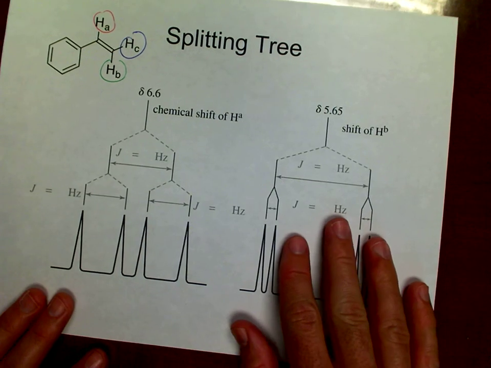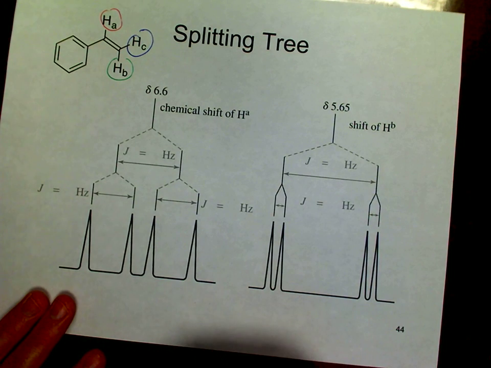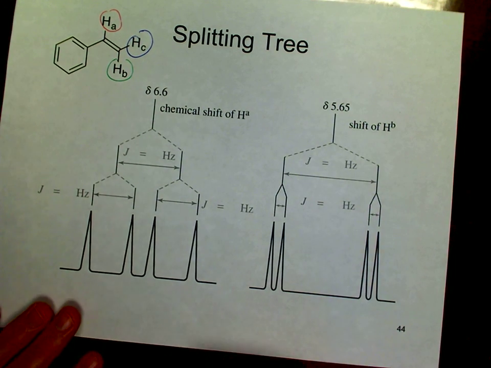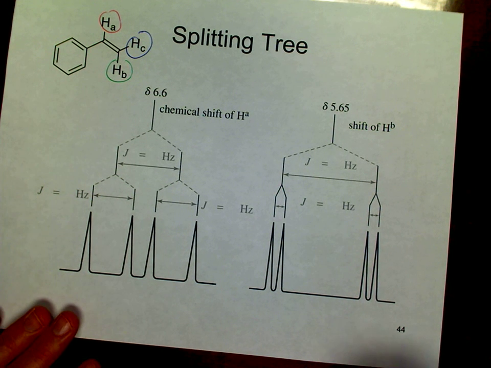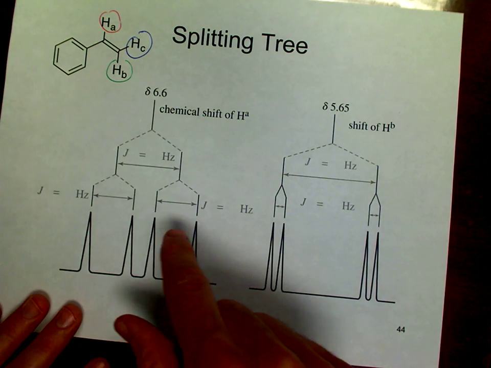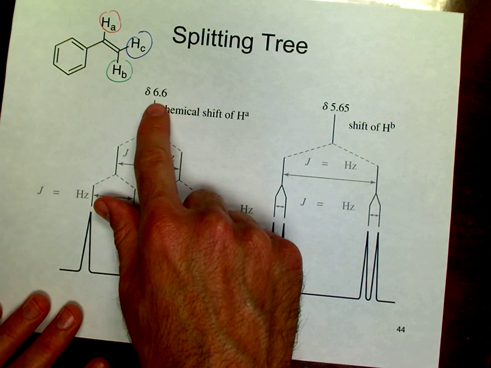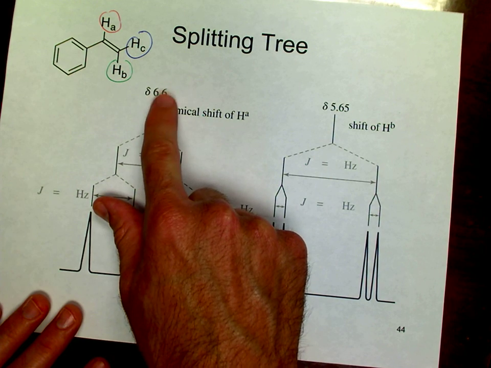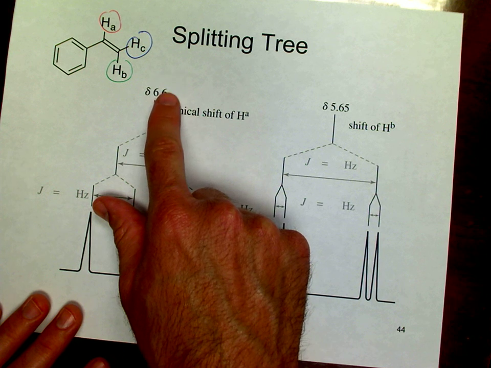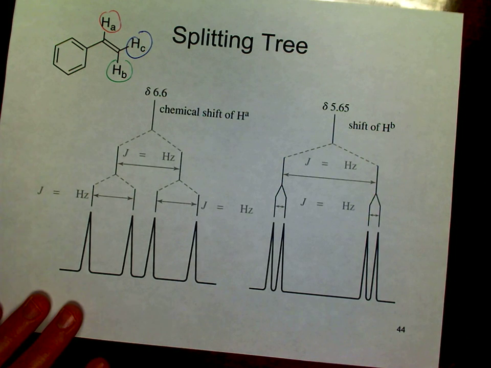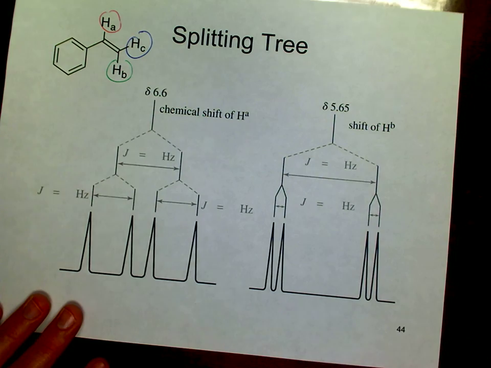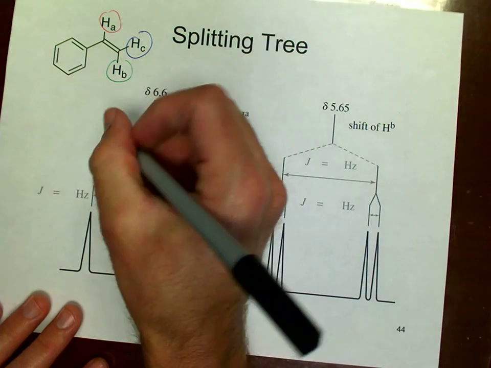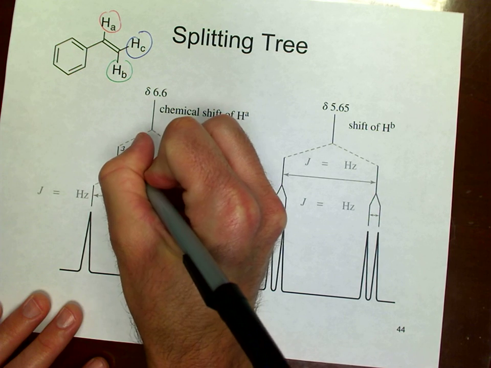So what we have here is at 6.6 ppm, this is the coupling to JA, or I'll just go ahead and write it down, the 3-bond coupling from HA to HB.